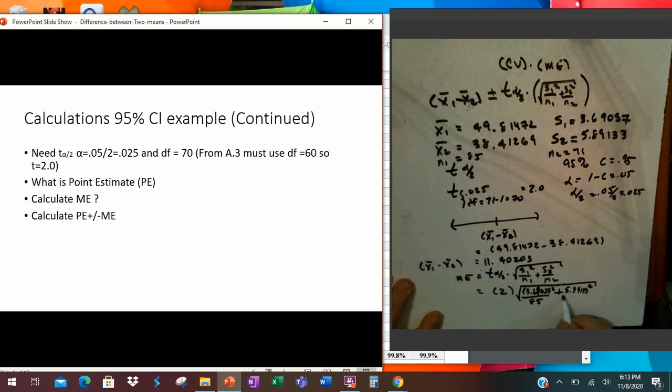I need to square that over my n2 of 71. And let's see if we can work that out.